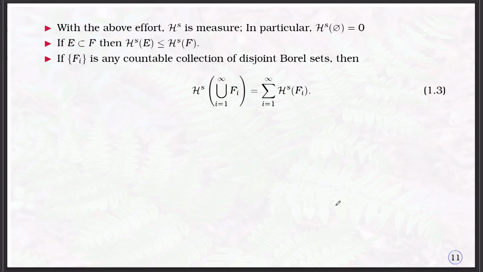From this, one can conclude that Hs is a measure. In particular, Hs of the empty set is 0.